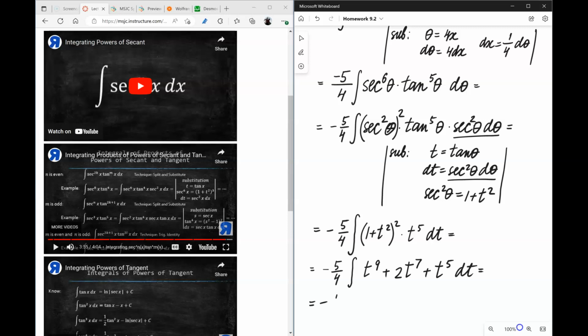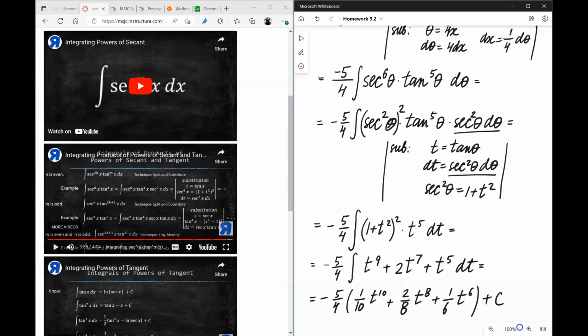So the antiderivative is 1/10 t to the 10 plus 2/8 t to the power 8 plus 1/6 t to the power 6 plus c. And instead of t, I'm now going to write tangent of theta, but theta is 4x.